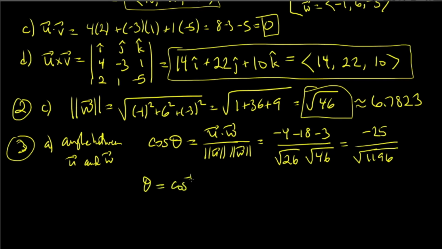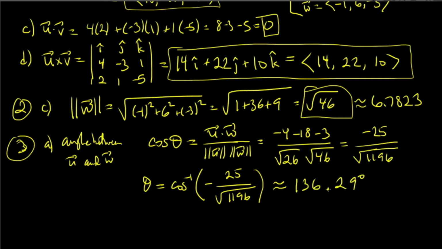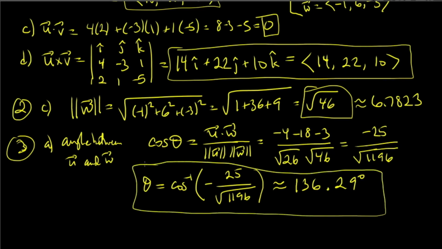So to get the angle, we just take the inverse cosine of negative 25 over the square root of 1196, and you can just plug that in your calculator. So 136.29 degrees. Again, you have the exact angle and then the approximate angle.